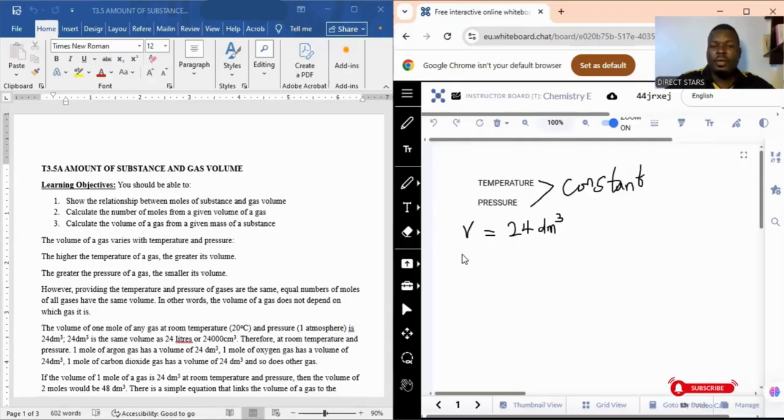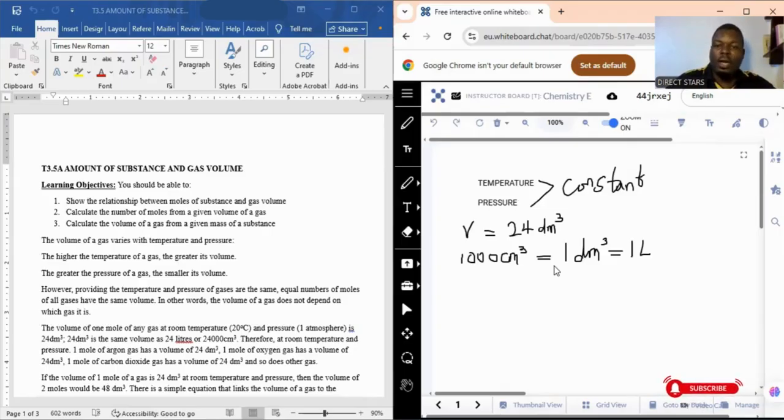We have 1,000 cm³ gives us 1 dm³. Please take note of that. And of course, 1 dm³ is the same as 1 liter. So this is the conversion scale for the volume of gases.